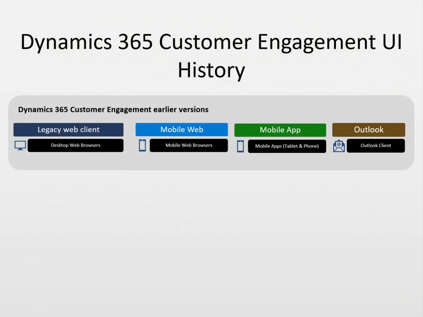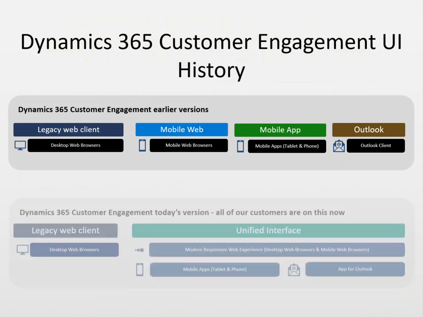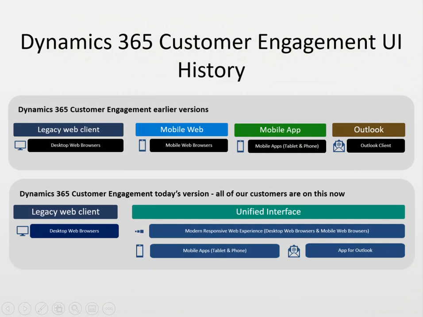Okay, so this diagram shows us the Dynamics UI history and what we have right now. In the legacy web client, we used it only for desktop browser, and for mobile we have mobile web browser or mobile app, and for Outlook.